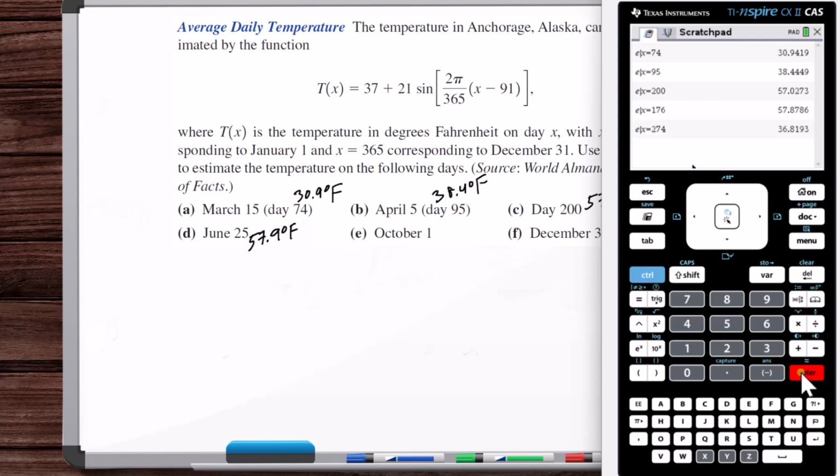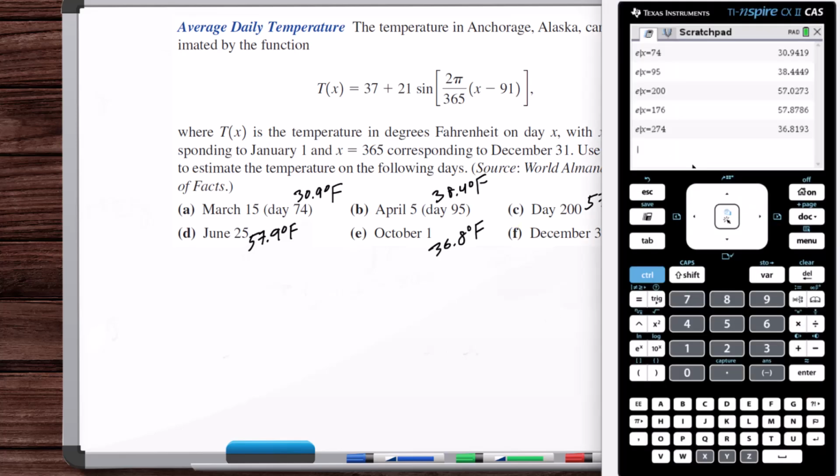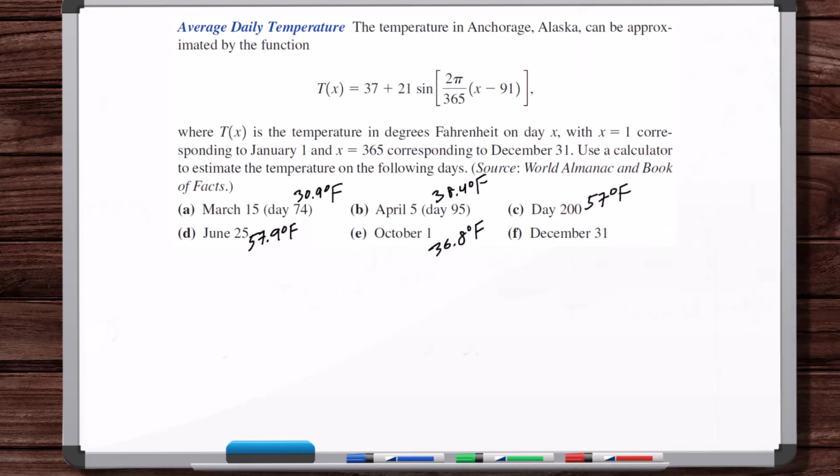So 36.8. Okay, and then December 31st, that's the 365th day. 16. Okay, there we go.